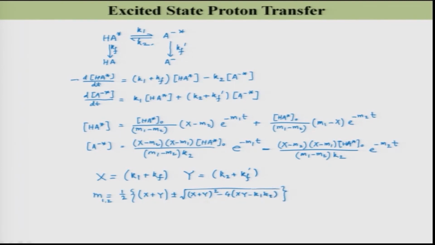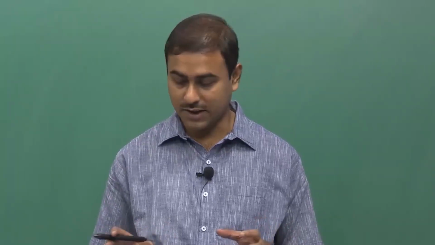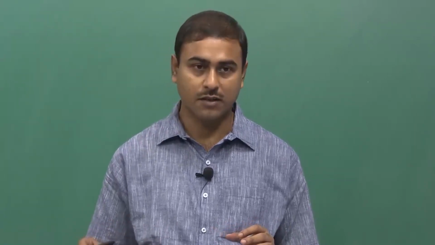Okay, so now as you can see here, this is going to be a very complicated equation, but if you monitor the decay of this HA star or the fluorescence transients of A minus star, it is possible to evaluate the different rate constants like K1, K2, Kf and Kf prime. So, you see in this case the equation is a little complicated, right, but by monitoring the time-resolved emission one can get such kind of rate constants of the proton transfer.